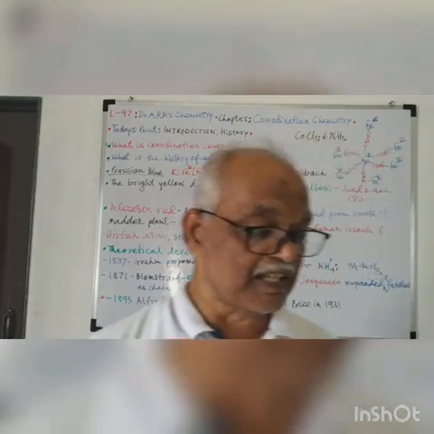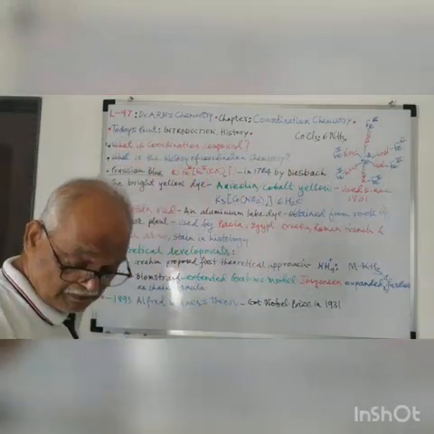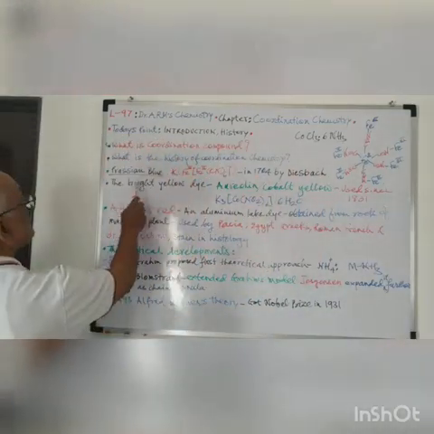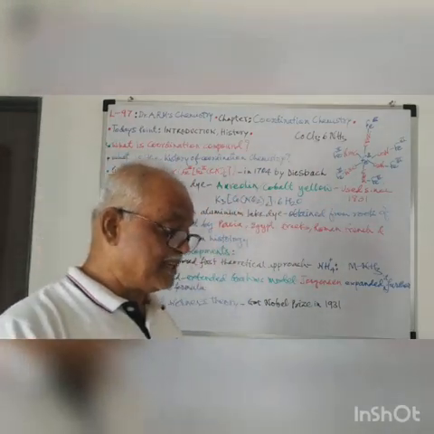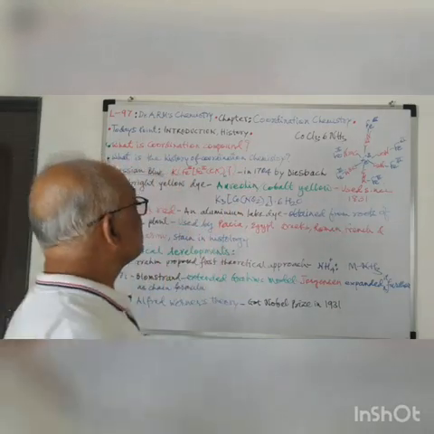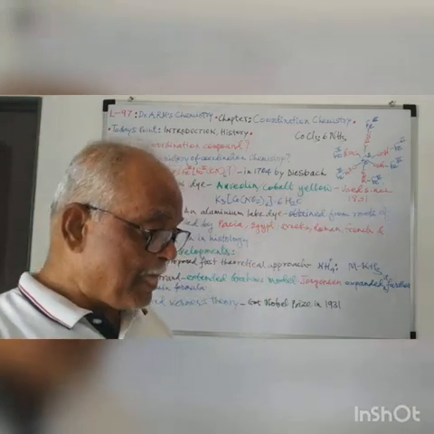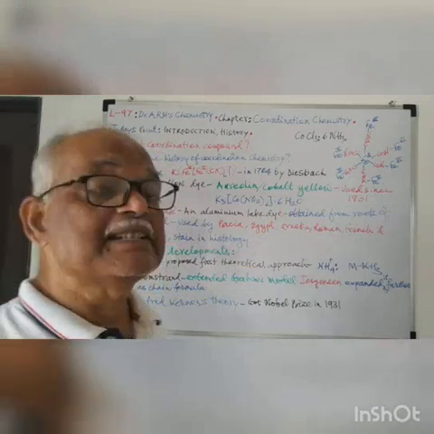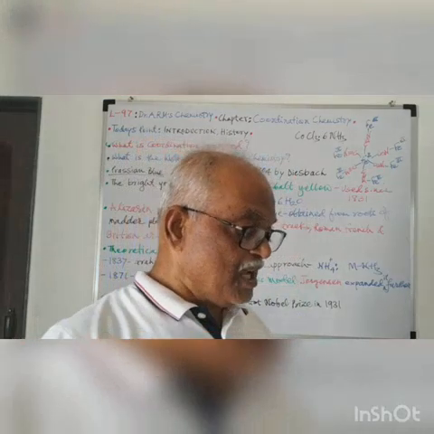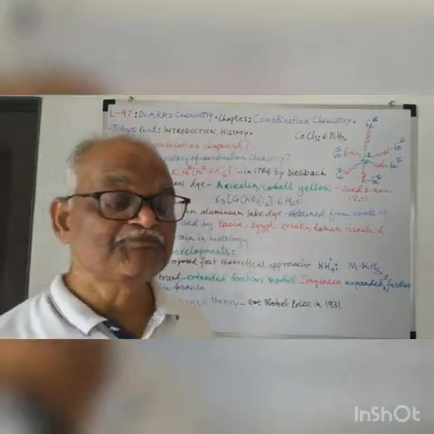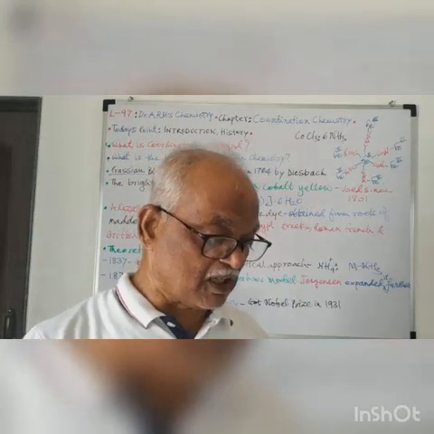Now, if we see the history again, this Prussian blue was discovered, or we can say invented, in 1704 by Diesbach, the scientist. It was used as a dye for coloring the uniforms of the Prussian army, and therefore the name Prussian blue, because it was deep blue colored.